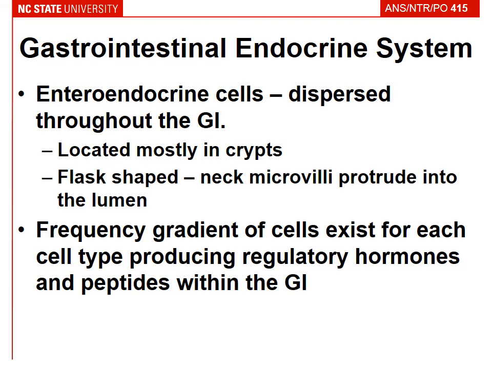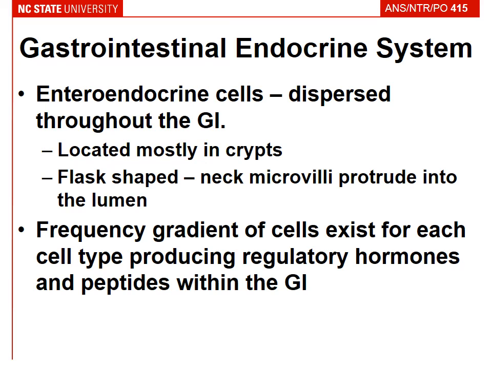So our enteroendocrine cells, as you just saw in the previous picture, are dispersed throughout the GI tract. You can find them mostly in the crypts, and they have this flask shape. So they have a very narrow neck with the microvilli protruding into the lumen, and a very fat portion that is going towards the blood supply.